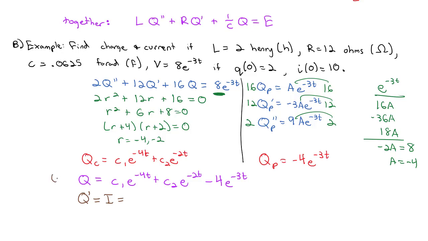So for our initial values on Q, we have 0, 2, and the initial values on the current, we have 0, 10. But deriving that derivative, I is equal to negative 4 C1 e to the negative 4t minus 2 C2 e to the negative 2t plus 12 e to the negative 3t.